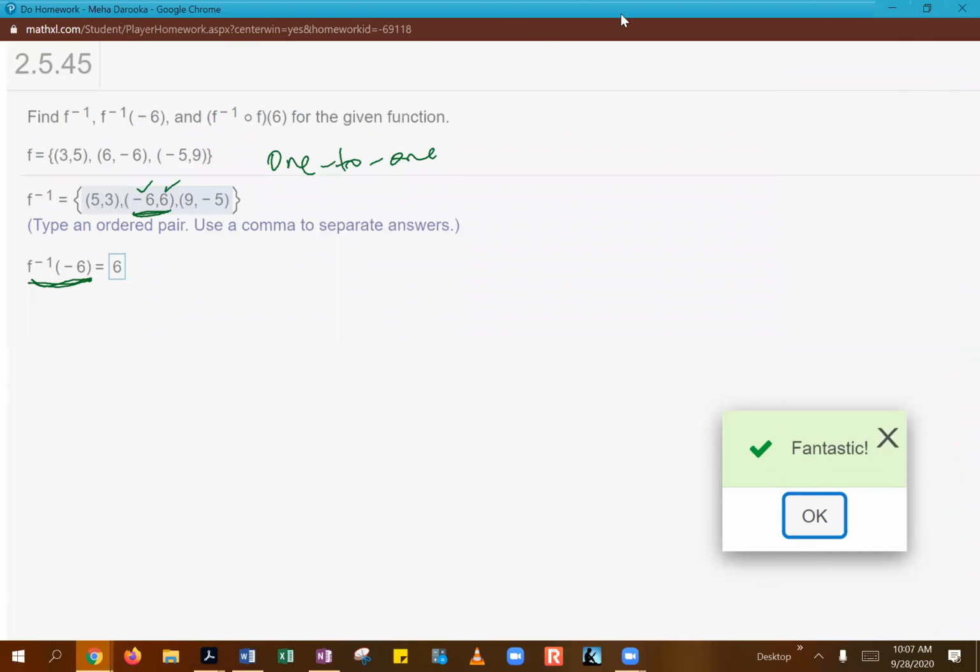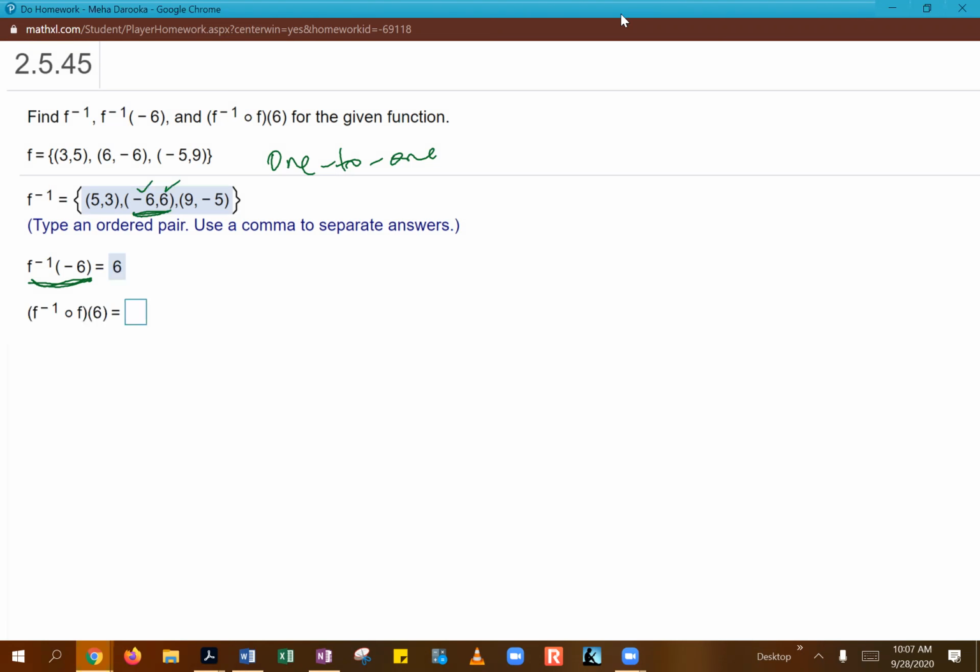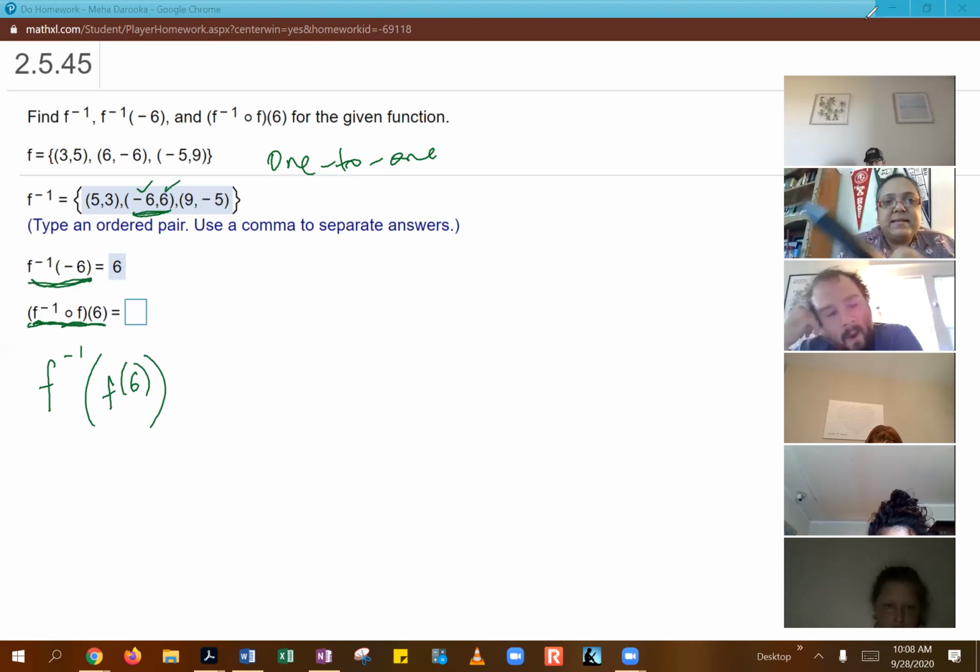And the last one, you will actually see they're asking us to do a composition. They are saying take the inverse function, compose it with the original function at 6. So basically what we have is f inverse on the outside and then f of 6 on the inside. So what we did in the last section, we'll start with f of 6. What is f of 6 if you go to the original function?